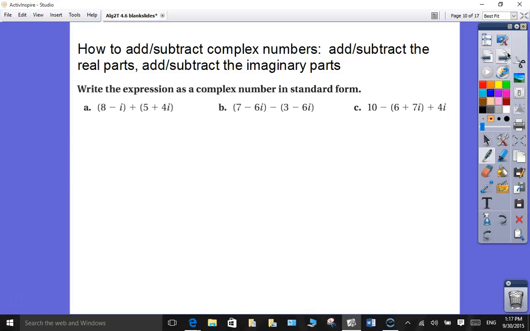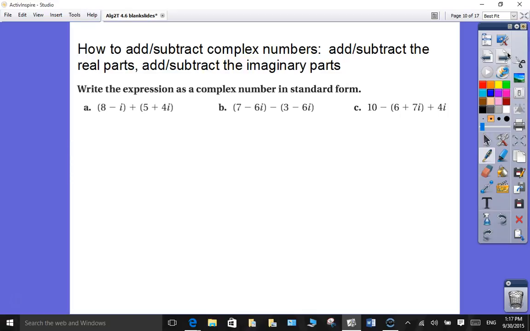How do we add and subtract complex numbers? You add and subtract the real parts, you keep them separate, and then you add and subtract the imaginary parts. You treat them like terms, right? If I'm adding i's, you could just think of it like, negative i plus 4i, we'll treat like it's negative x plus 4x. I mean, you just add the coefficients. So to add and subtract complex numbers, add the real parts, add the imaginary parts.